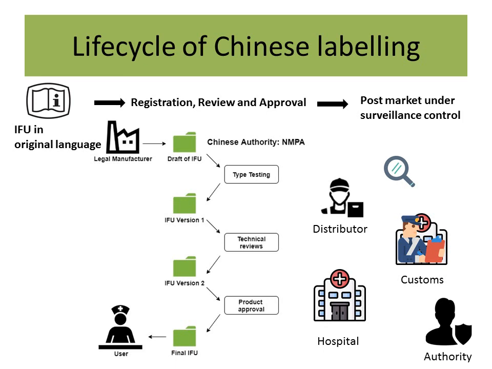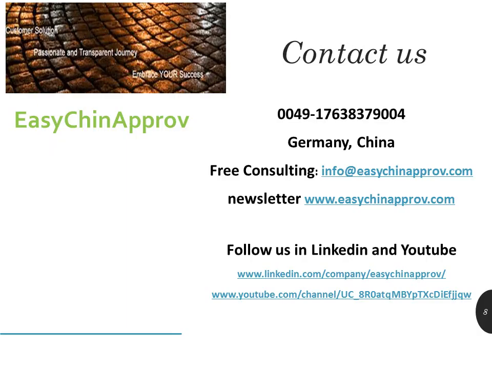After approval during many years of products in Chinese supply chain, Chinese labeling is in permanent monitoring by customs, hospitals and device health institutions. Contact us if you need support of Chinese labeling in any stage of product life cycle.